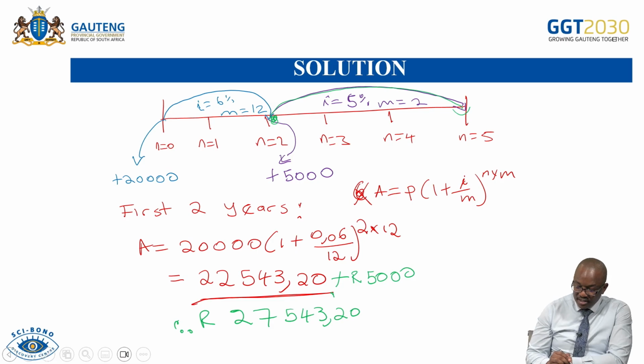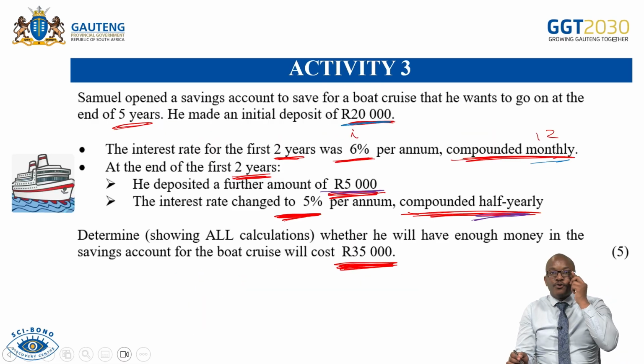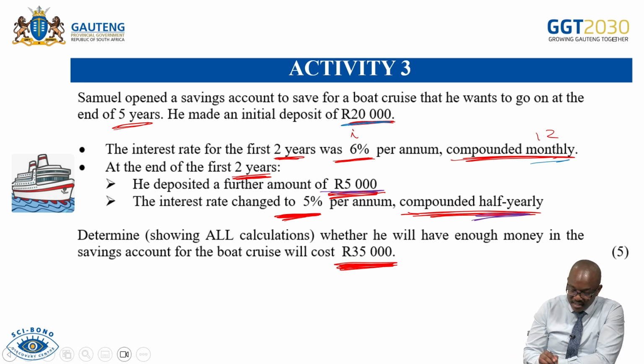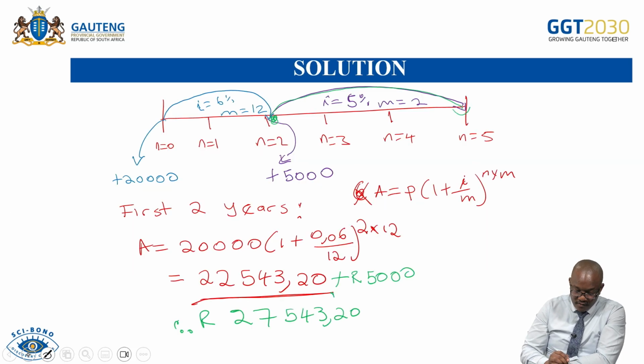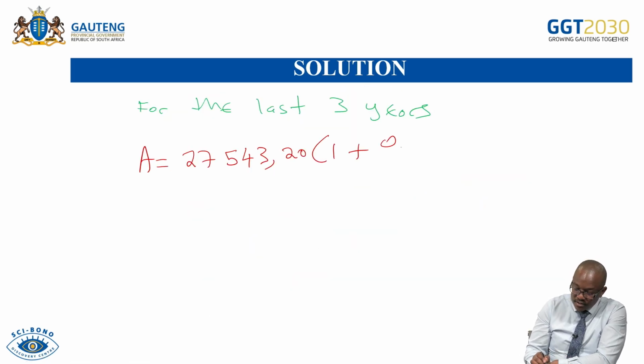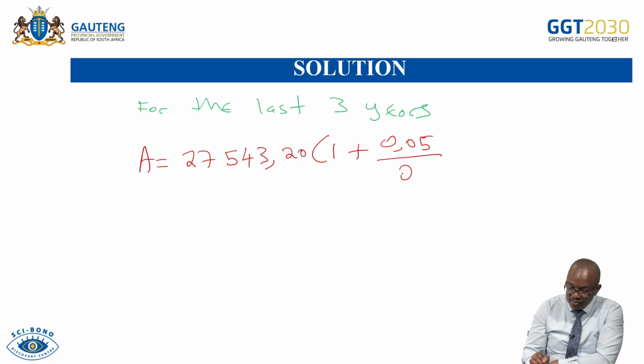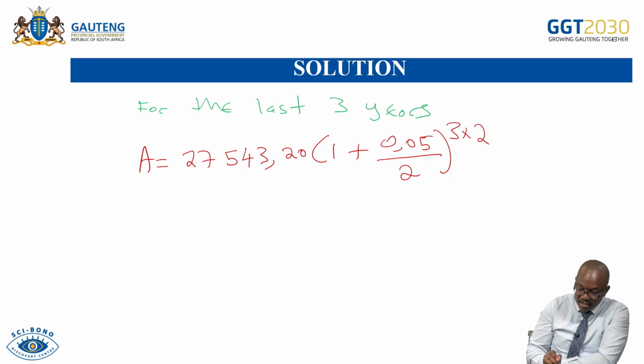Remember now the interest has changed. Correct? The interest has changed and we have followed our statement. End of 2 years, we added 5,000. Then the further interest has changed from year 3 to year 5. So it's 0.05 because it was 5%. Then it was half yearly, so 3 multiplied by 2.